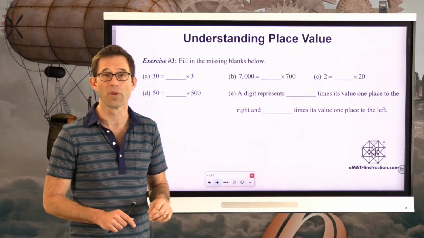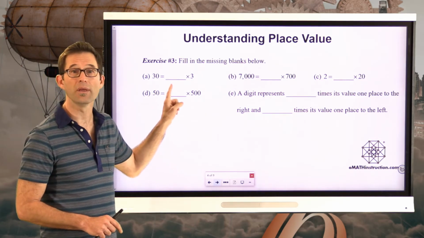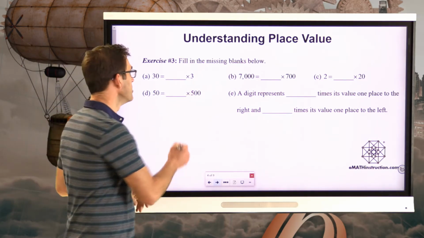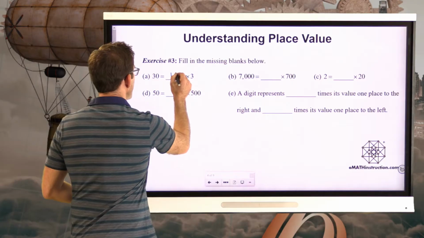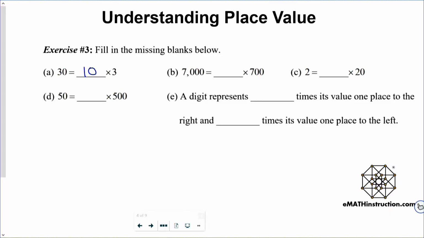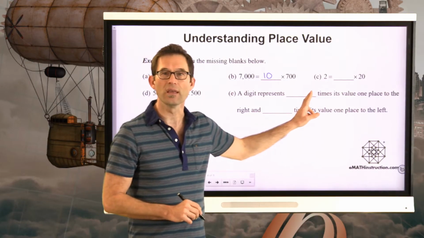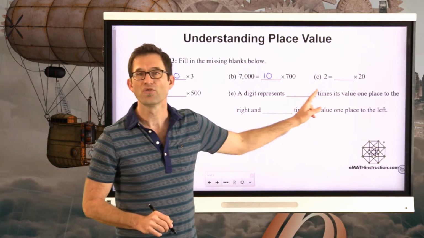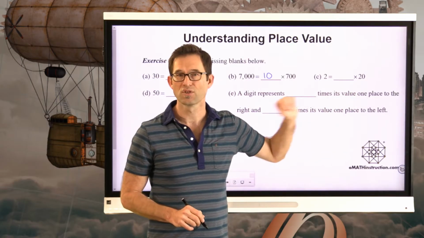All right, well, this is simple enough, right? 30 is going to be equal to what times 3? Well, that's pretty simple. 30 is equal to 10 times 3. 7,000 is equal to what times 700? Well, that's just 10. 10 times 700 is 7,000. Now, letter C, this is way more challenging. 2 is equal to what times 20?